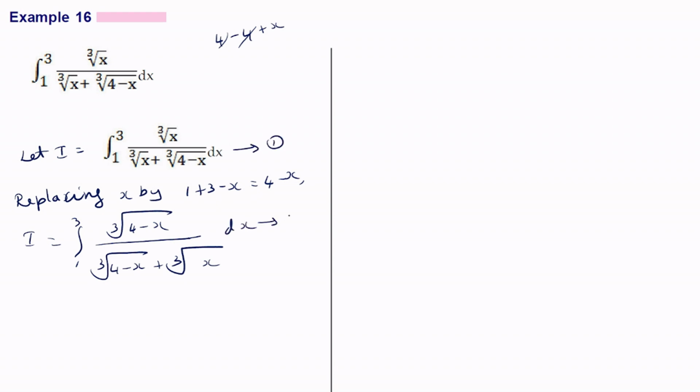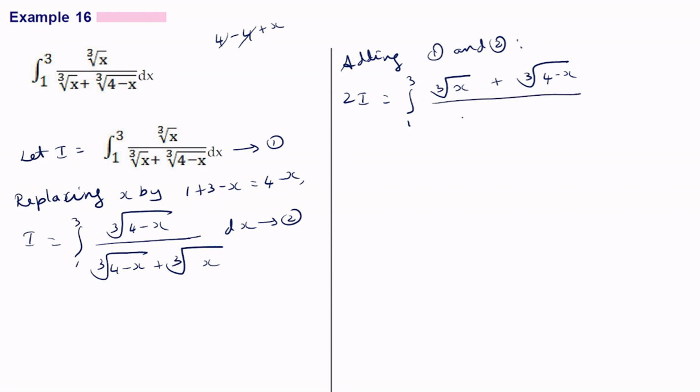Again let us add 1 and 2. The left hand side becomes 2I. It is equal to integral 1 to 3. The denominator is the same, so let us add the numerators. So it is cube root of x plus cube root of 4 minus x upon cube root of x plus cube root of 4 minus x dx.